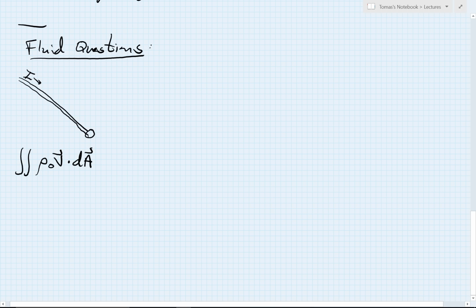But now, rather than just taking, say, some spherical surface, I'm going to make a more complicated surface. I'll add another bulge to it over here, like a peanut-shaped surface. What would happen now if I were to integrate rho naught V across that peanut-shaped surface? What should I expect to get in that case?